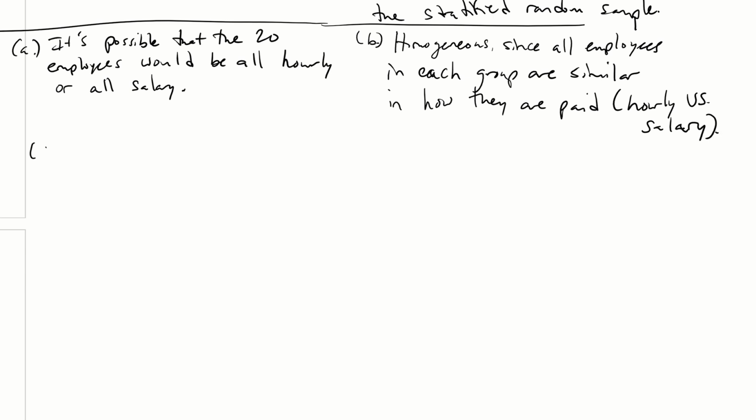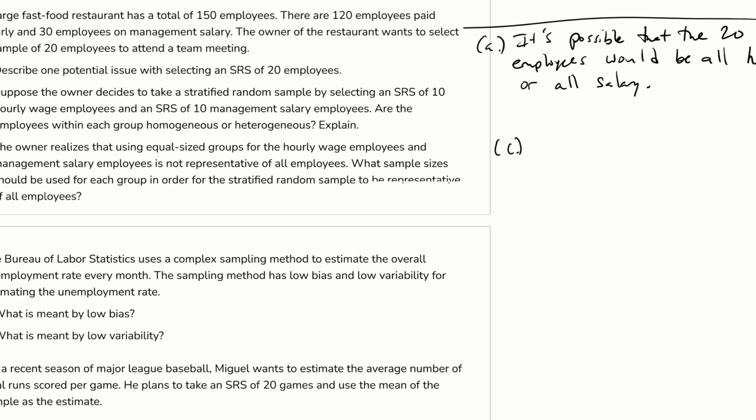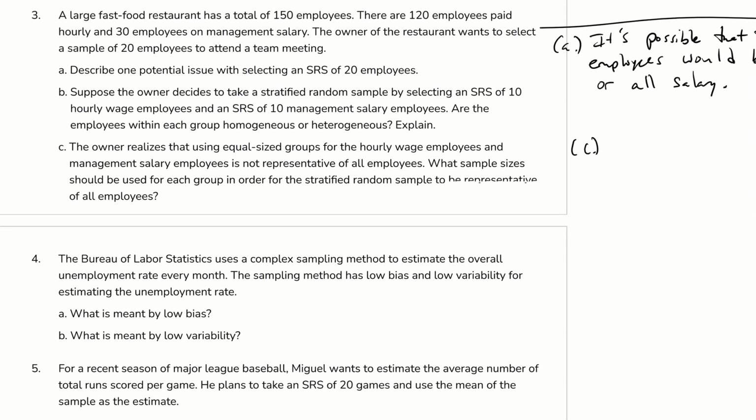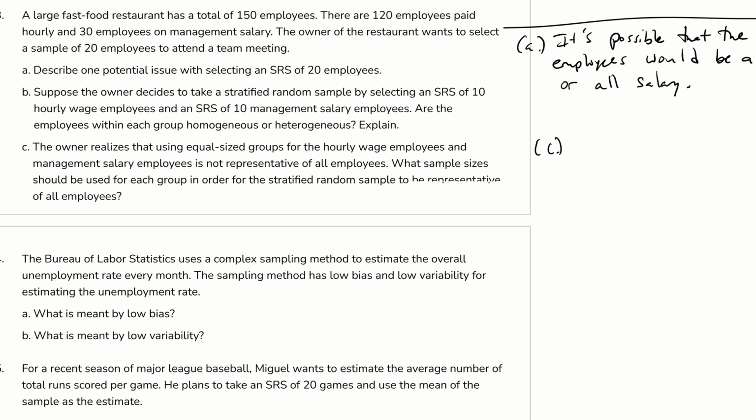Okay. All right, so let's look at part C. The owner realizes that using equal-sized groups for the hourly wage employees and management salary employees is not representative of all employees. What sample sizes should be used for each group in order for the stratified random sample to be representative of all employees? That's a good question because there are 120 hourly employees and only 30 salary employees.